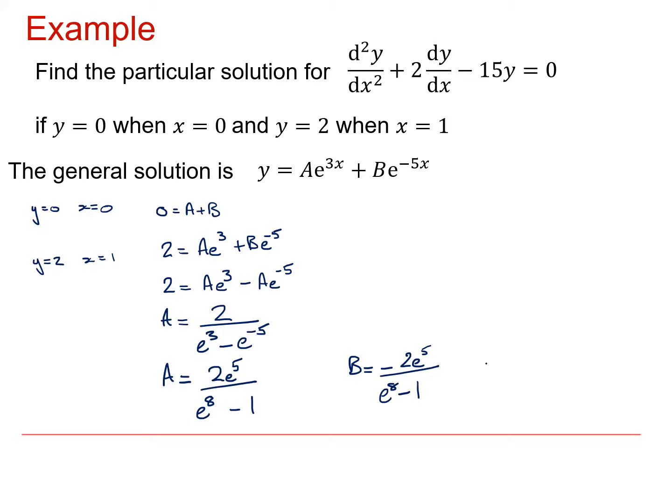And so my particular solution becomes y is equal to, well, this constant 2e to the 5 over e to the 8 minus 1 times e to the 3x minus e to the minus 5x.